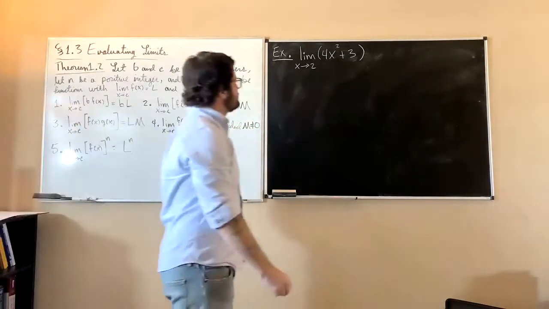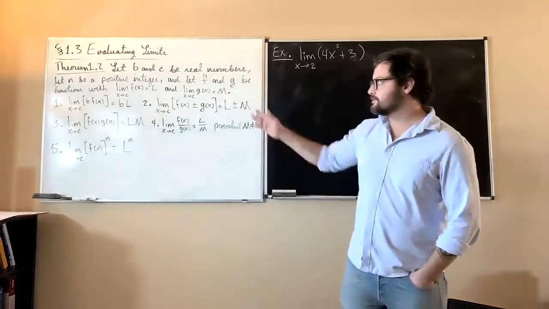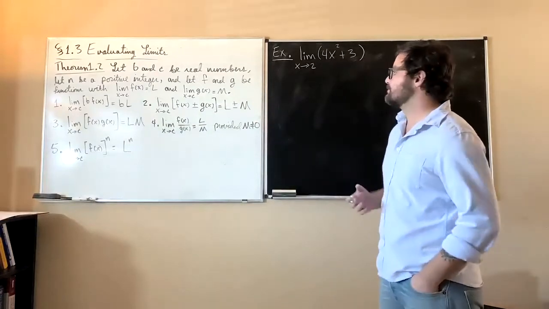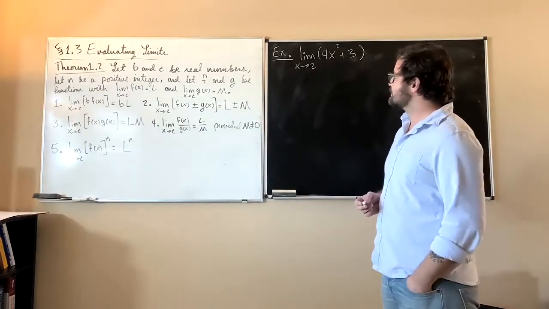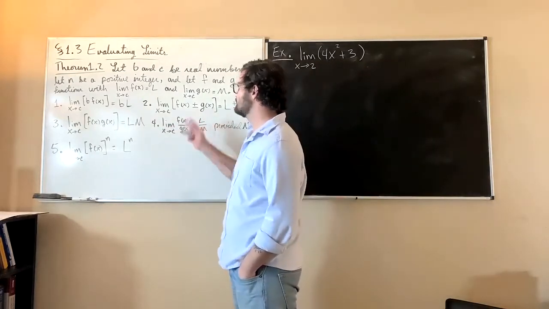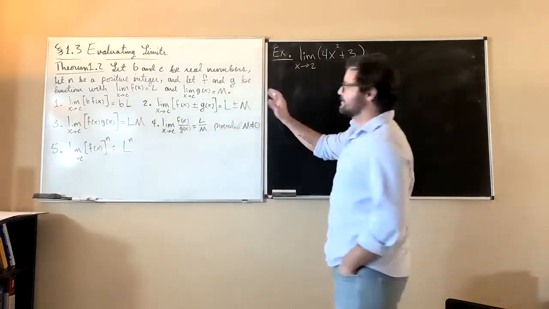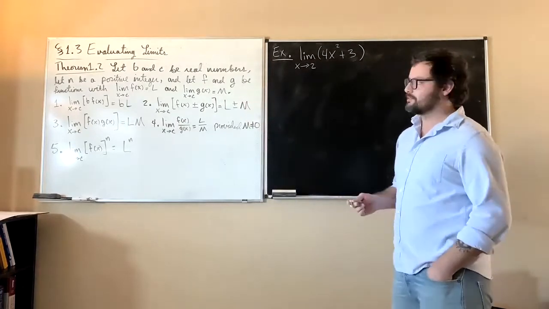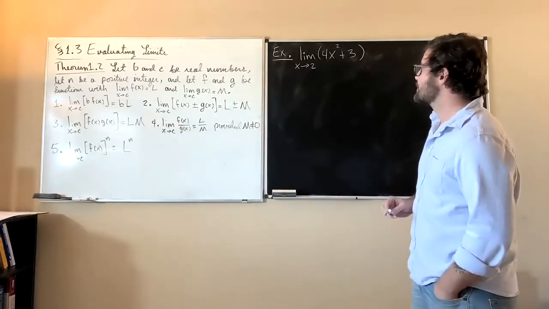We can use these properties to compute limits. And in fact, I forgot, I want to show you how we can prove some of these, maybe the second one. But let's just apply them first, and then I'll show you how to prove at least one of those.